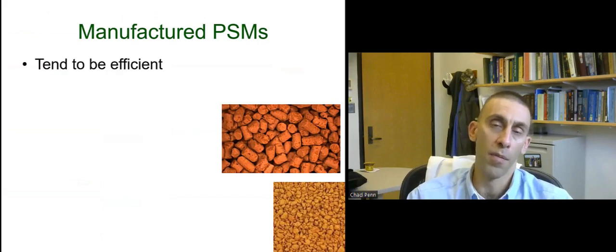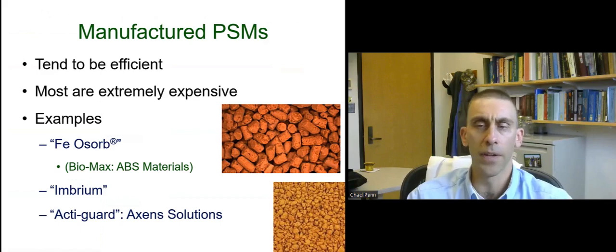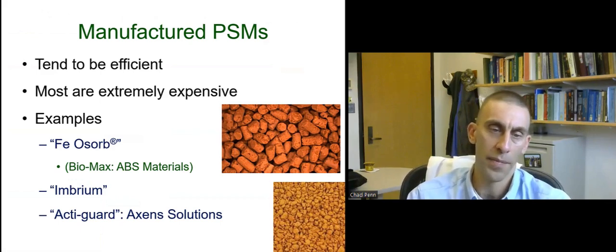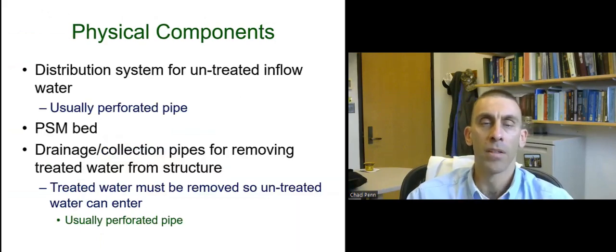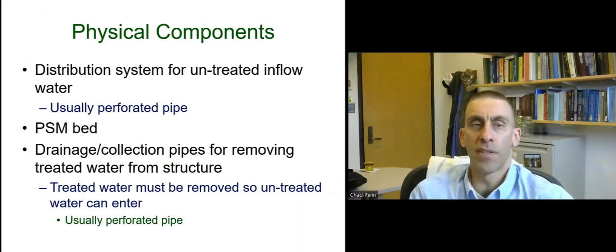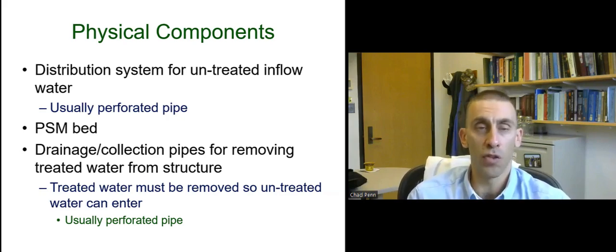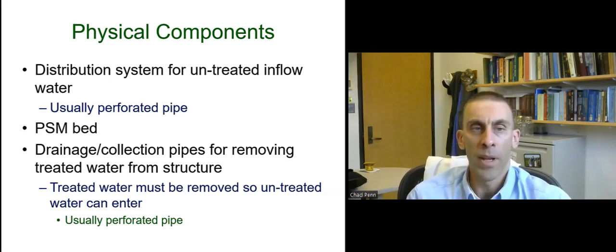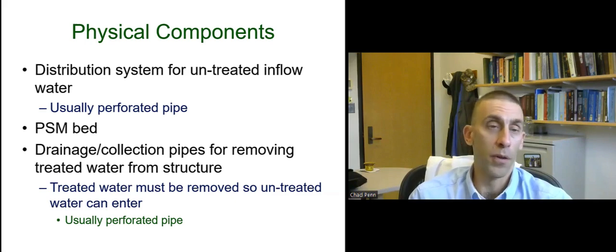So like I said, the manufactured PSMs tend to be very efficient, very expensive. There are different commercial examples. You may have heard of some of these: Iron Ozorb, Imbrium, Actigard, Filtrex. So physically, the systems generally are composed of some sort of a means of distributing the inflow water, the dirty water, if you want to call it that, among the filter media.